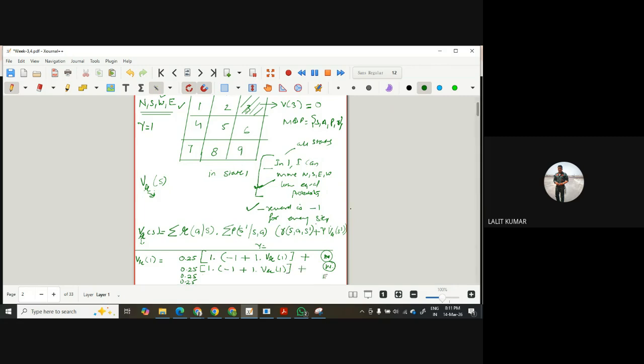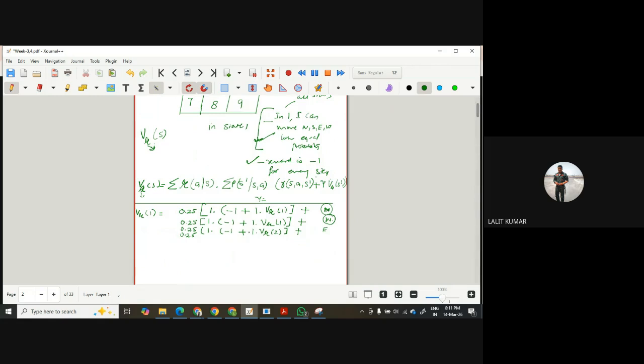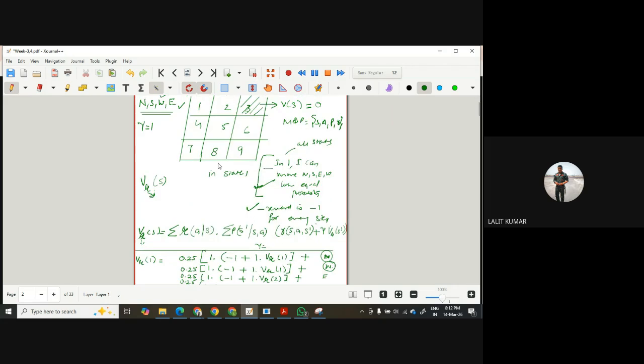This will become 1 into -1 plus 1 into V pi of 2. Plus, now you come to south: 1 into -1 plus 1 into V pi of 4. So this is how we get all these equations. This is for a stochastic policy.